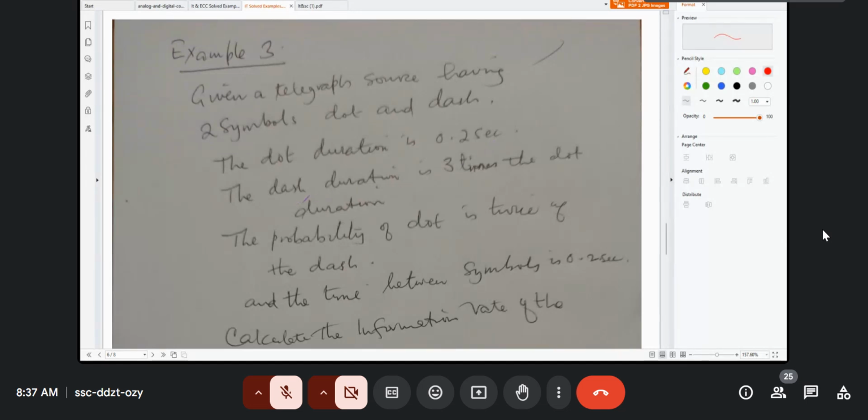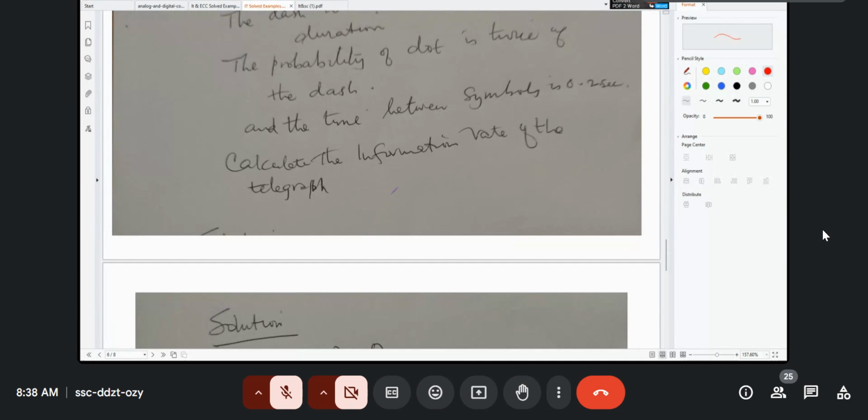The dash duration is 3 times the dot duration. The probability of a dot is twice that of the dash, and the time between symbols is 0.2 seconds. Calculate the information rate of the telegraph.